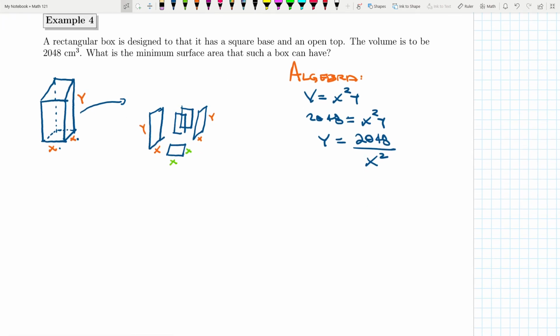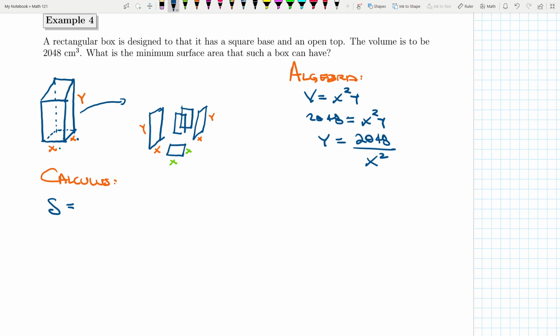And let's set up an expression for the surface area, and that's the calculus part. So what we're going to do here is write the surface area, which is going to be labeled as big S.